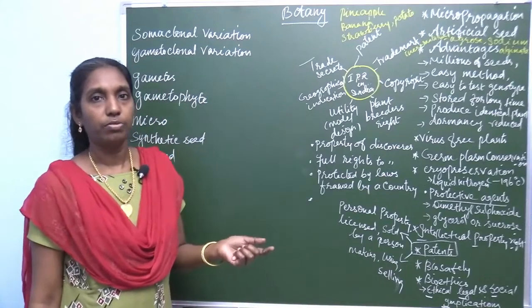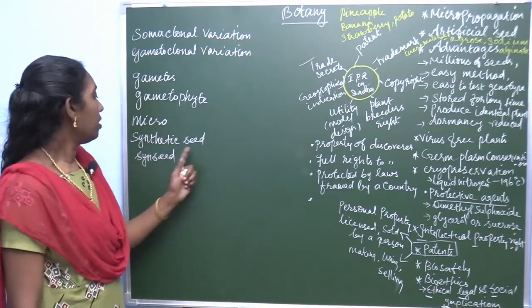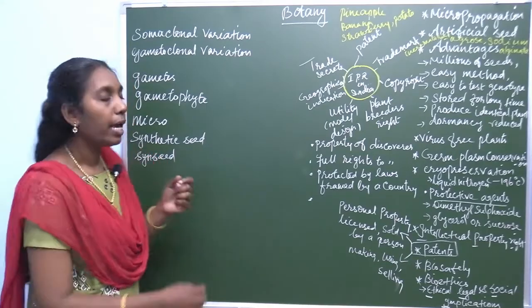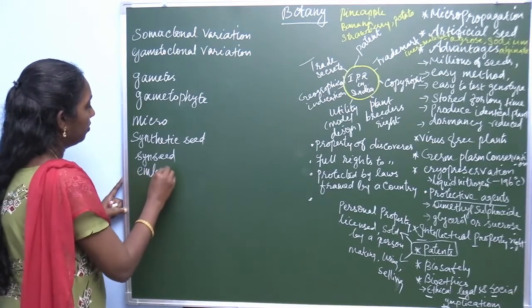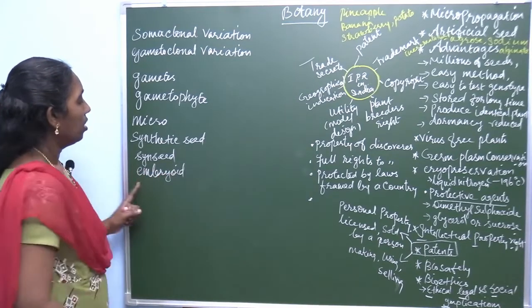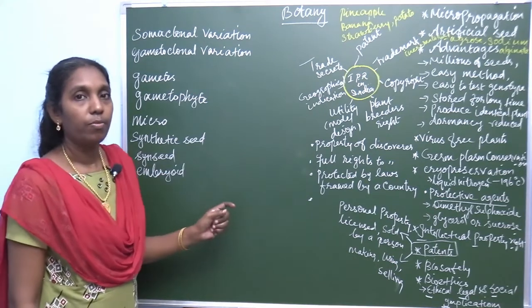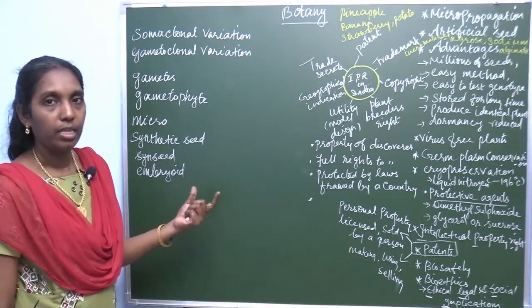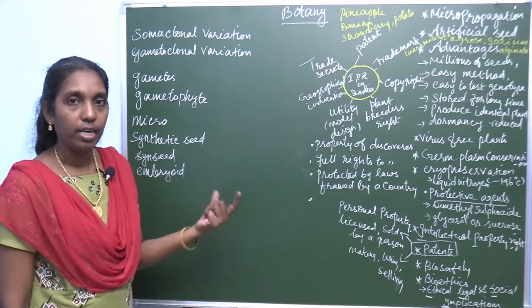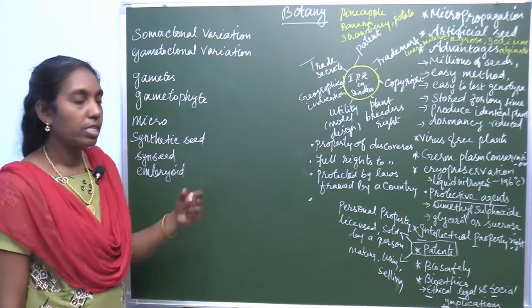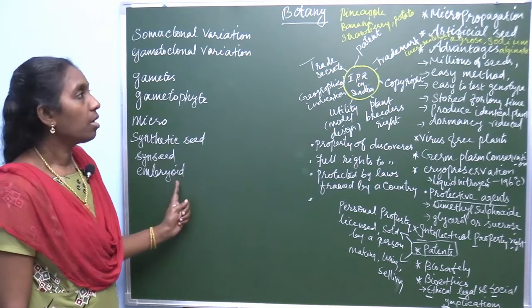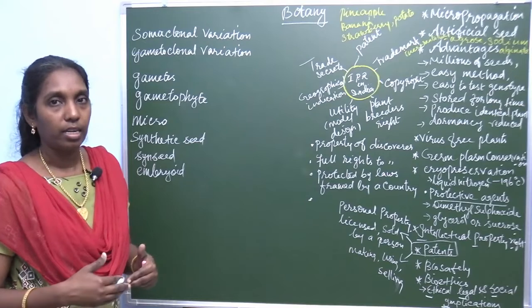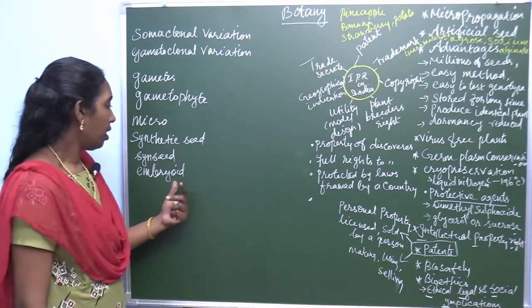They are developed from the embryoid, which is developed from somatic cells. Any part of the plant, it may be root, stem or leaf or any other part, directly produces the embryoid. This embryoid further develops into a plantlet.